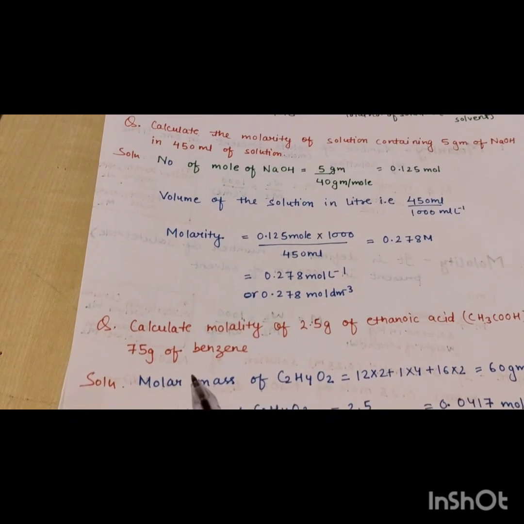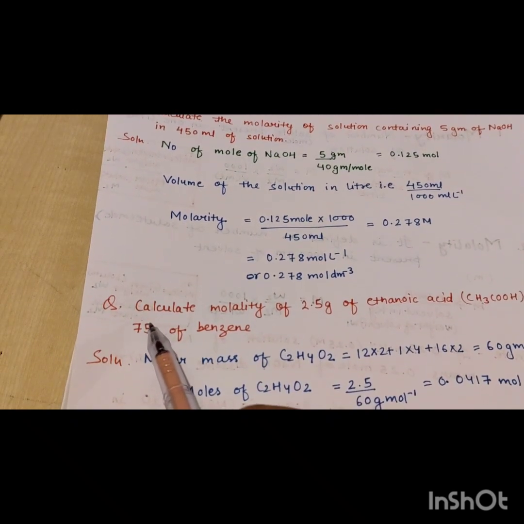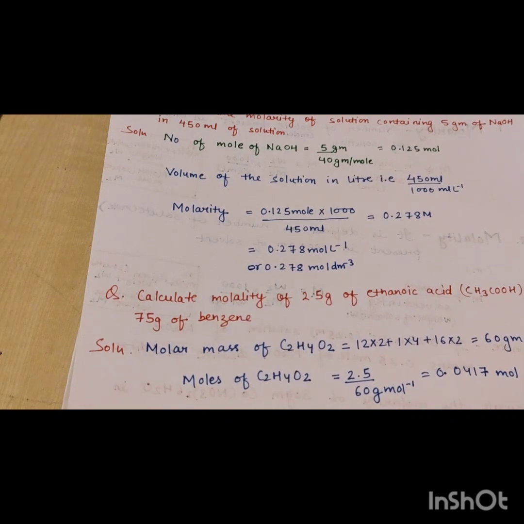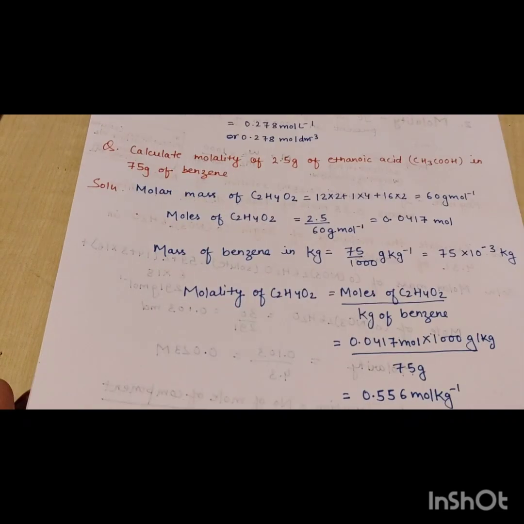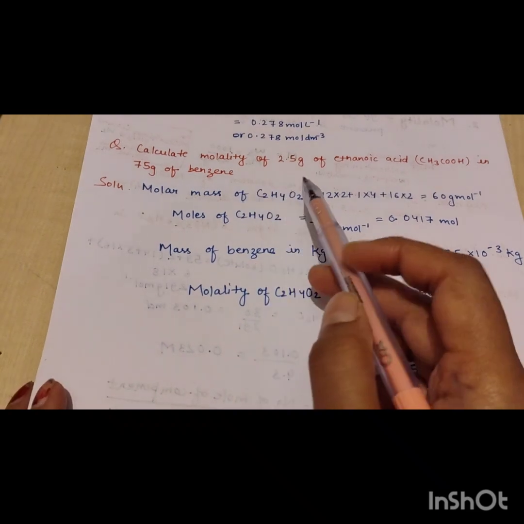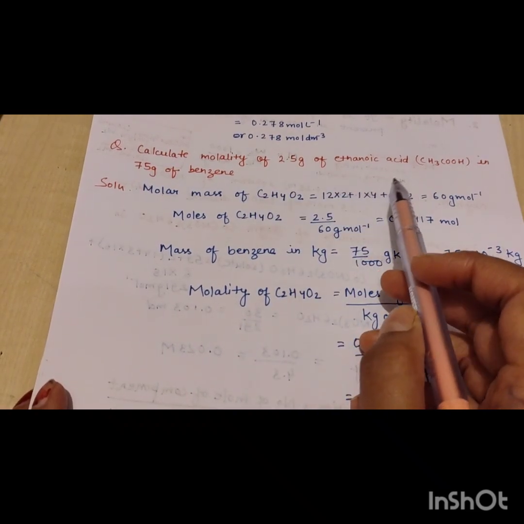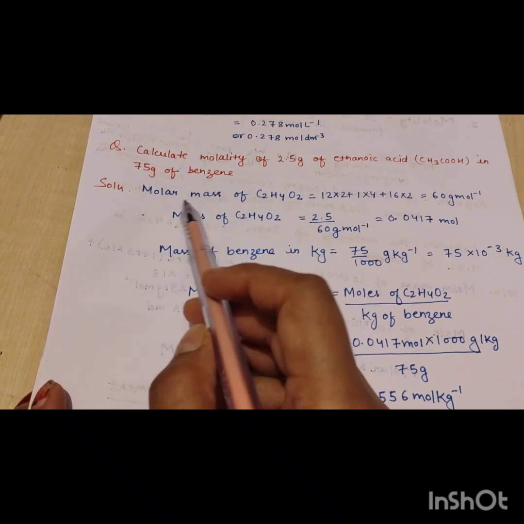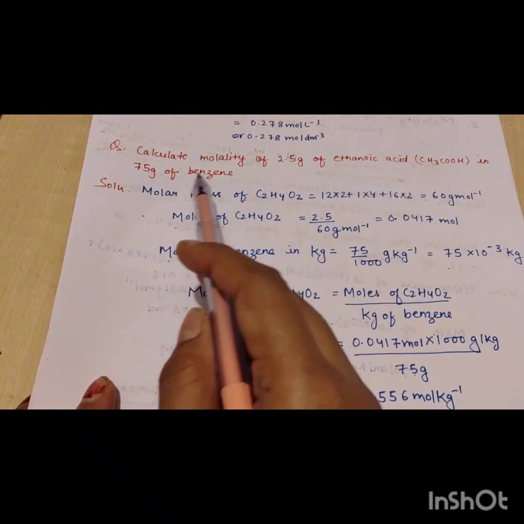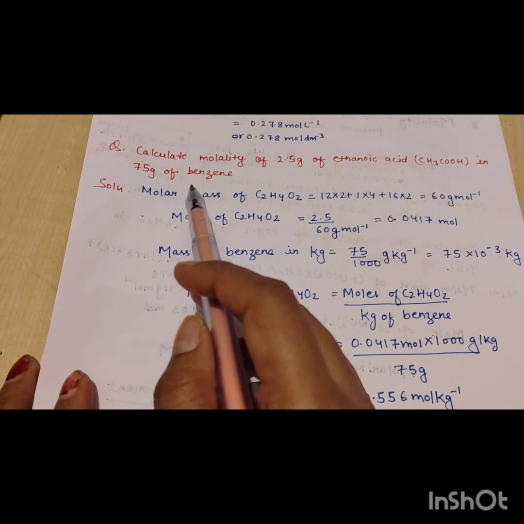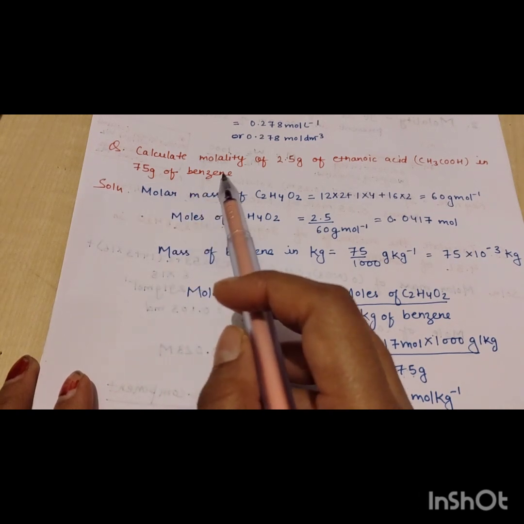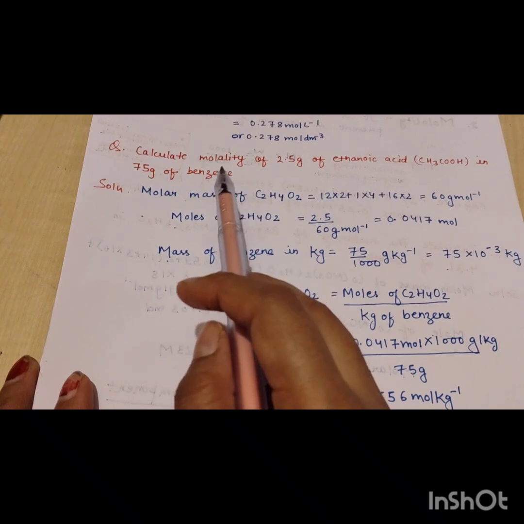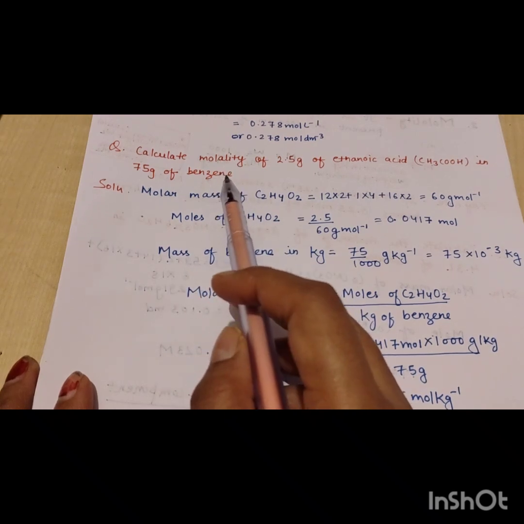Now moving towards the next question: calculate the molality of 2.5 gram of ethanoic acid in 75 gram of benzene. Now, how to calculate molality? As you have studied, molality is defined as the number of moles of solute dissolved in 1000 gram of solvent.